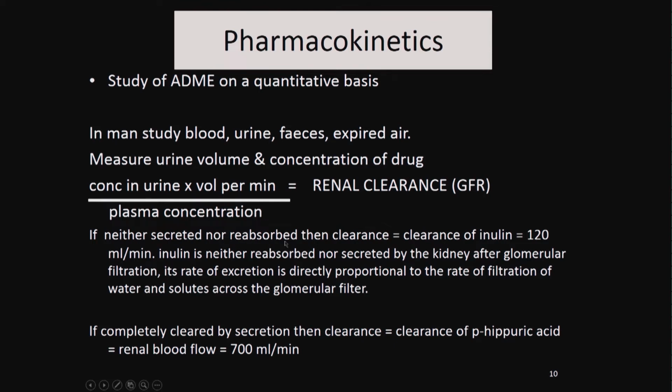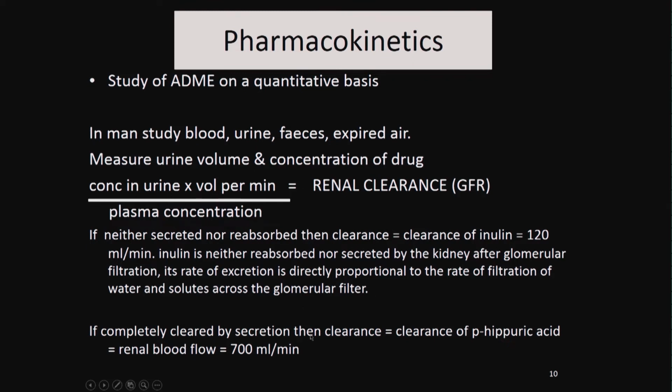If a drug is neither secreted nor reabsorbed, then clearance is equal to clearance of inulin, which is 120 ml per minute, because inulin is neither reabsorbed nor secreted by the kidney after glomerular filtration. So, its rate of excretion is directly proportional to the rate of filtration of water and solutes across the glomerular filter. We can use inulin to check how good the system is at excreting.